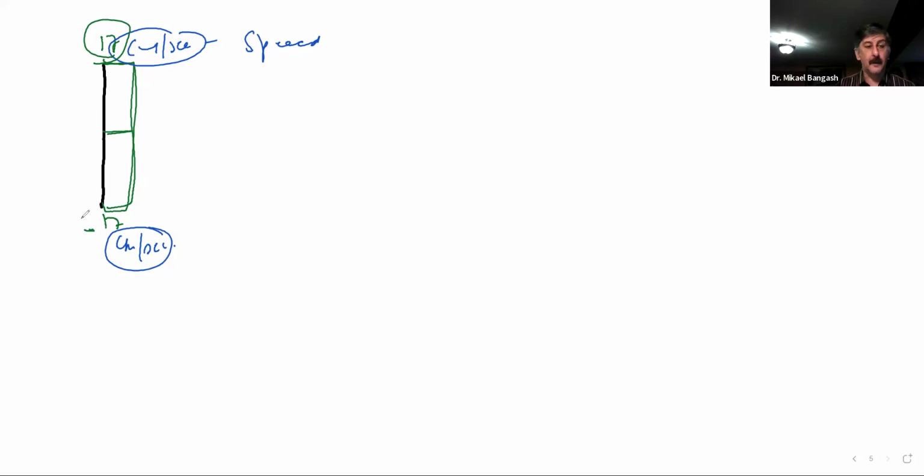In a Doppler, this would be your velocities, where both of these here are speeds.